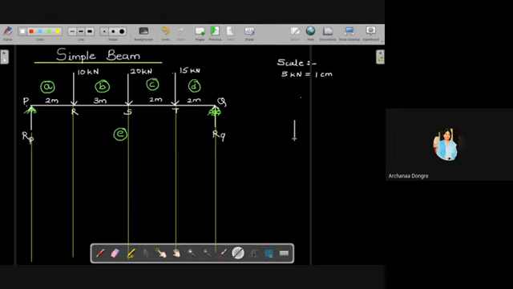So draw a 2 centimeter line and label it A to B. Then we have to draw B to C, which will be 4 centimeter. Then C to D is 15 kilonewton, so it will be 3 centimeter.